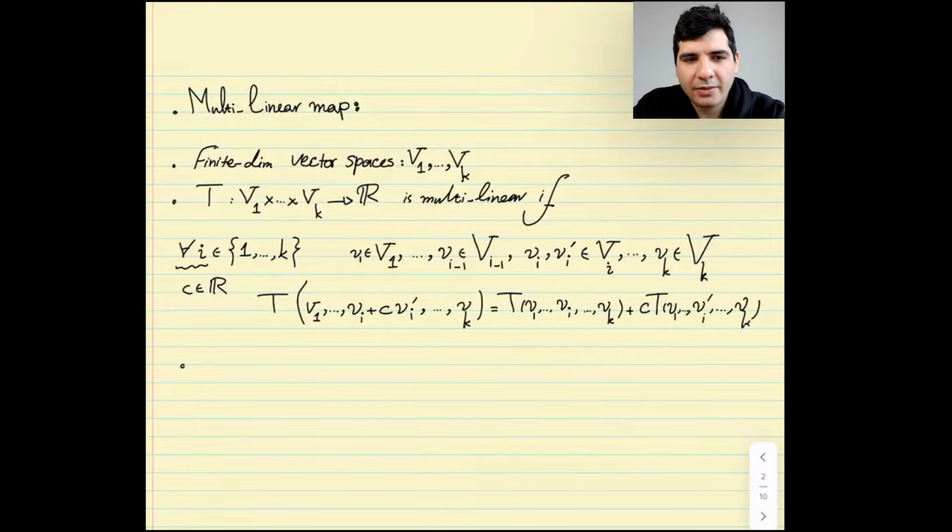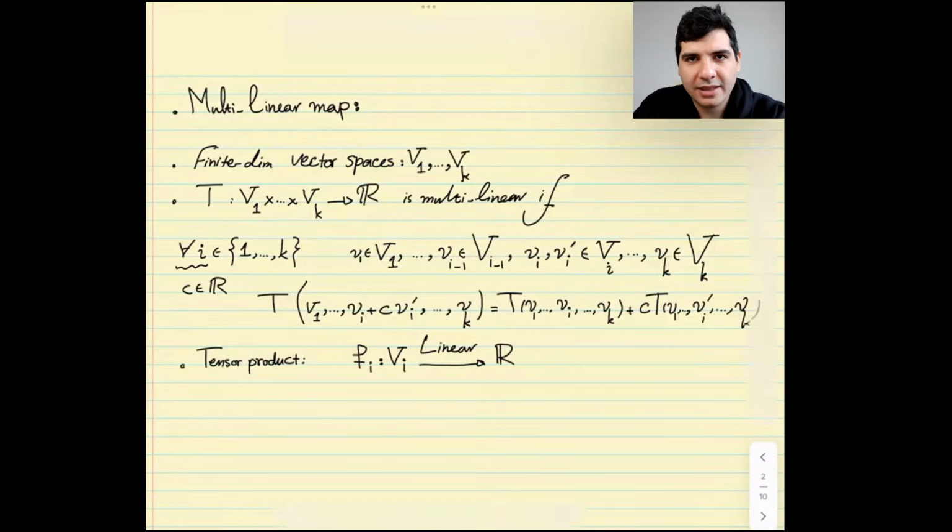Now let's define the tensor product of linear maps. Let's say we have vector spaces V1 up to Vk and linear maps Fi from each Vi to R. So we have F1, F2 up to Fk.